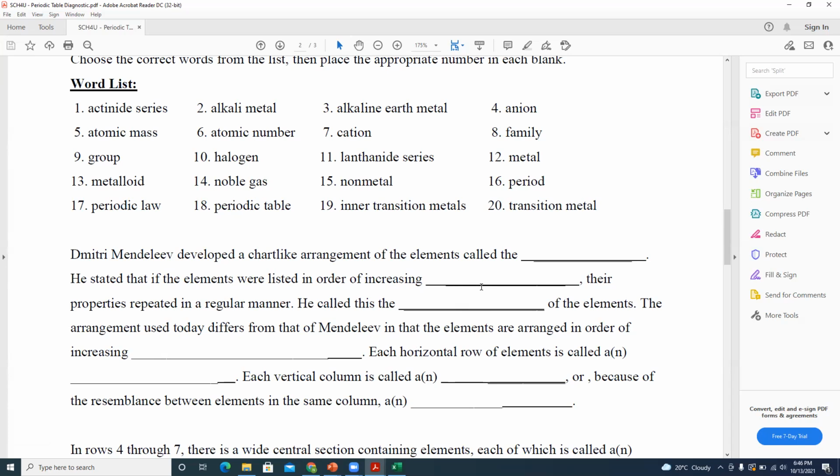And each horizontal row of the elements is called, we talked about this, a period. And each vertical column is called a group. Or because of the resemblance between the elements in the same column, it's also called a family.